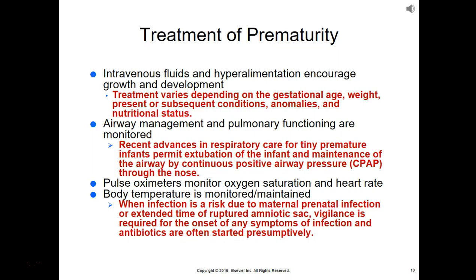And so sometimes they will start a mom on antibiotics presumptively to help try to prevent the baby from becoming infected. And sometimes when the baby's born and the amniotic sac has been broken for quite some time, they will put the baby on antibiotics without even clinically confirming whether or not the baby has an active infection, just as a preemptive strike to prevent any further damage.